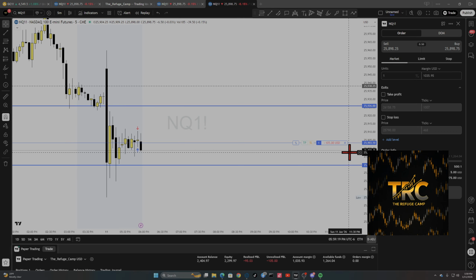Now that's based on 10 micro contracts or one mini, right? So multiply that number for every mini contract you trade. So if you were trading 3 contracts right now, you'd be down almost $400. Do you see how quick over-leveraging can destroy your account?